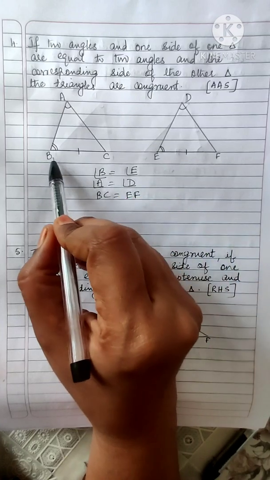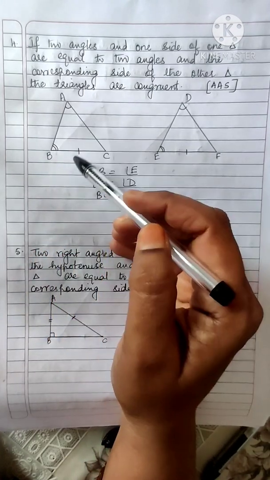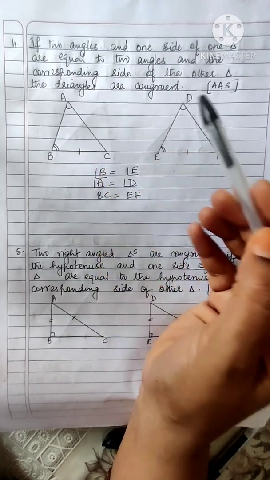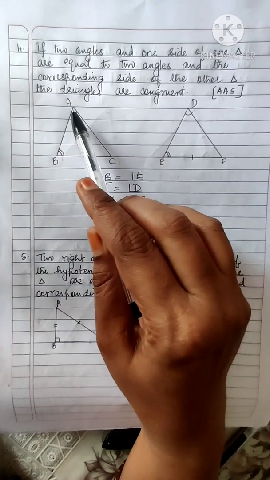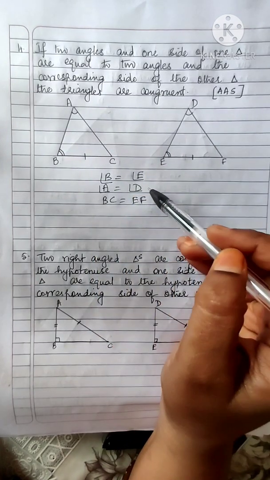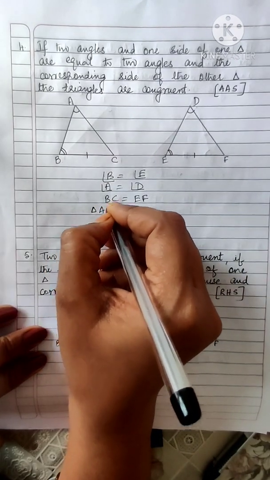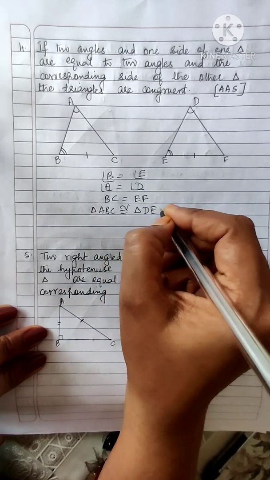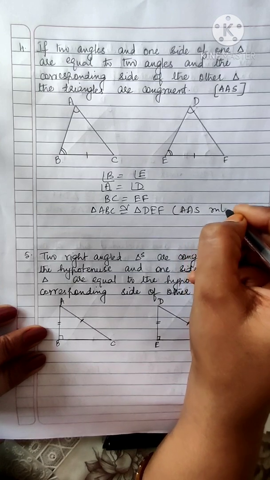If you observe, these sides BC and EF are opposite to the equal angles. Here BC is opposite to angle A and EF is opposite to angle D, and angle A and angle D are equal. So triangle ABC is congruent to triangle DEF by AAS rule.